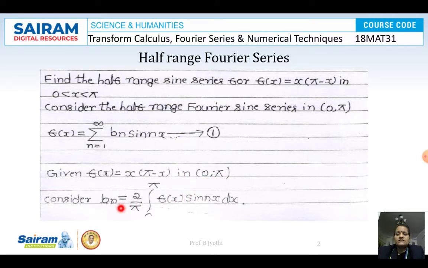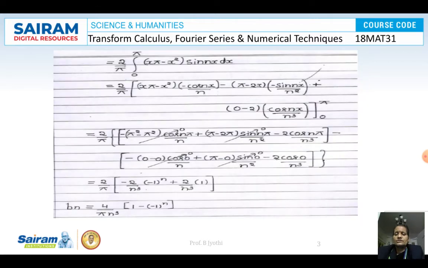Now consider the formula for bn, which is given by 2 by pi integral 0 to pi f of x into sin nx of dx. So that is, f of x is replaced: x times pi minus x, whole square, into sin nx dx.